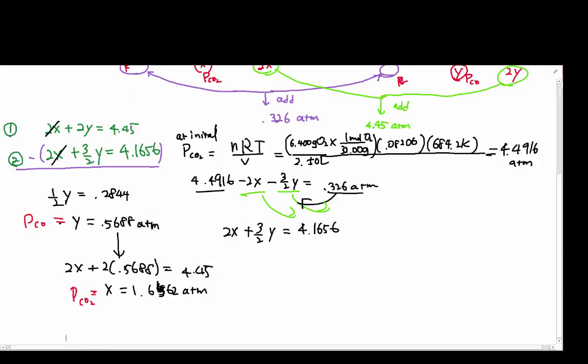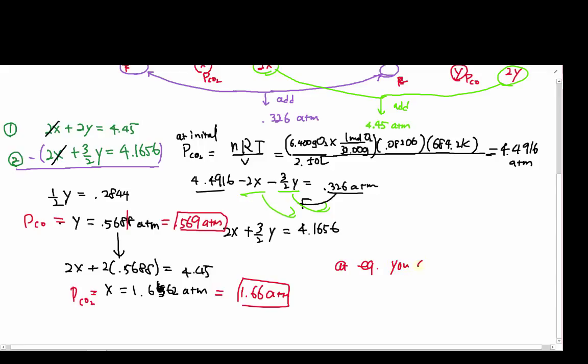So to keep 3 sig figs for both partial pressures, you just have to round here, so you get 0.569 atm, and you get 1.66 atm.